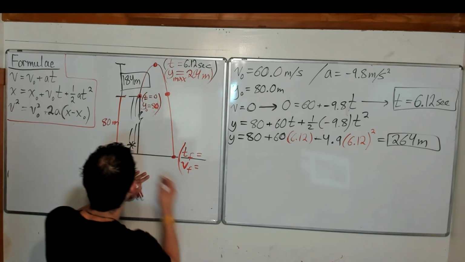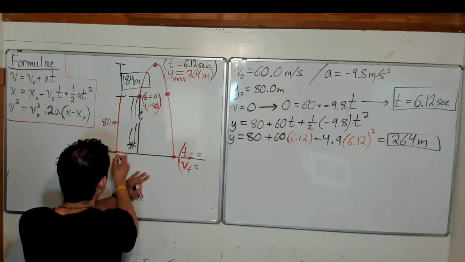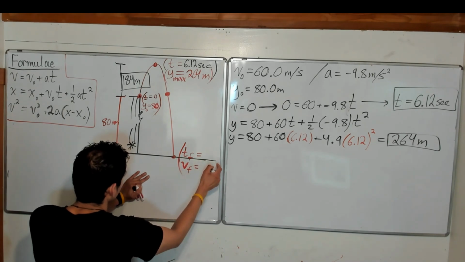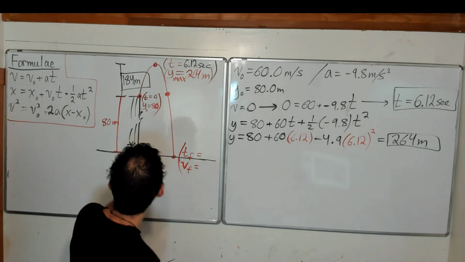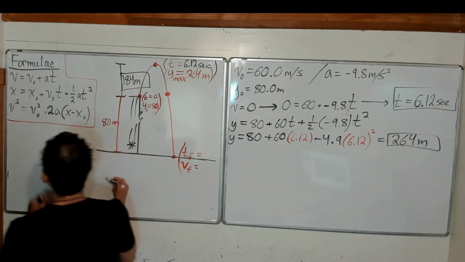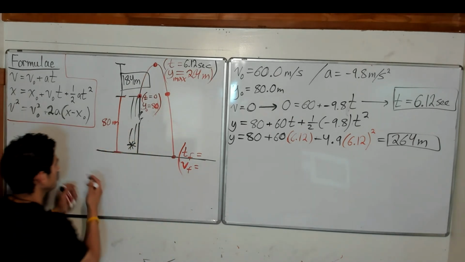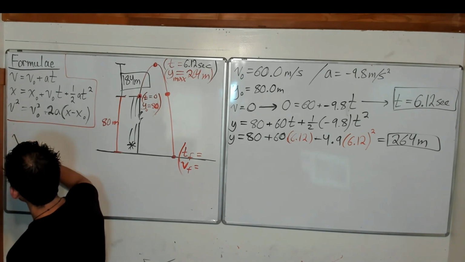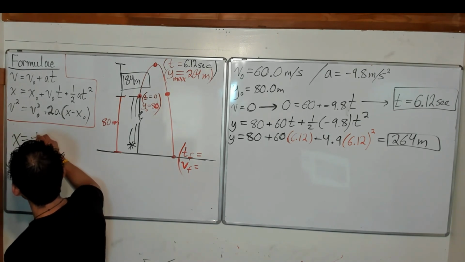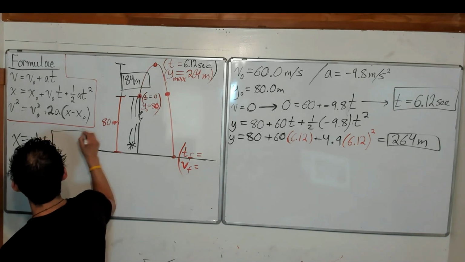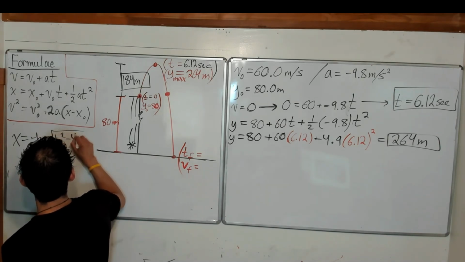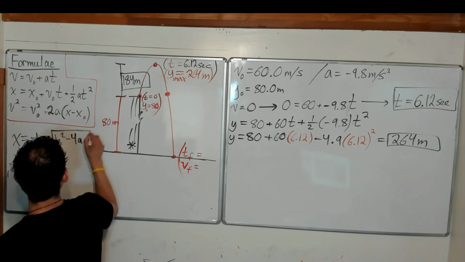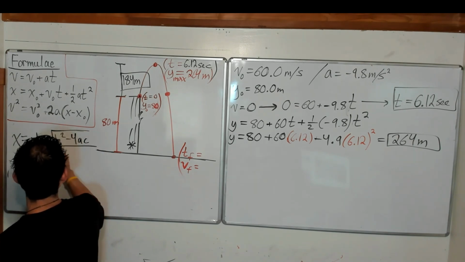For that, we just have to use the quadratic formula. Let's remember what it is. We typically learn it in terms of x: x equals negative b plus or minus the square root of b squared minus 4ac, all over 2a.